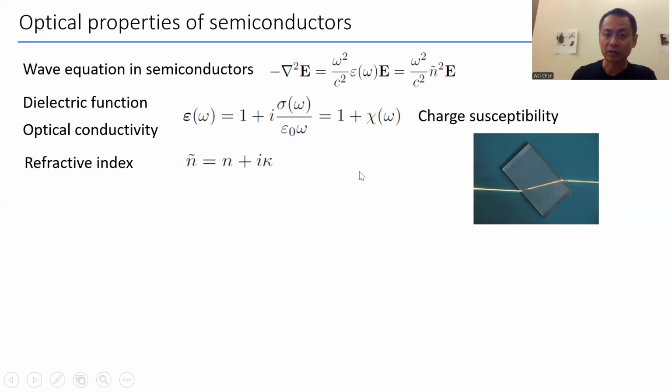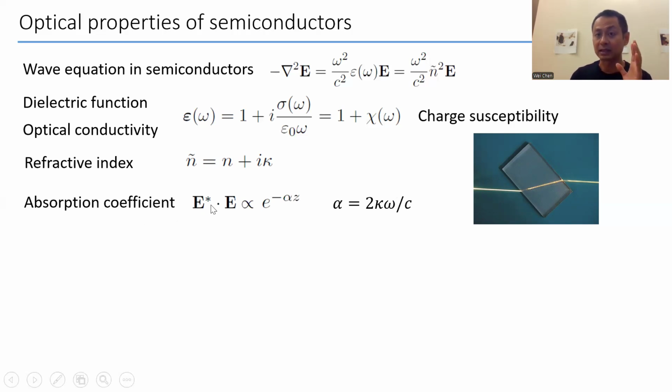The real part gives the bending of the light when it enters a media, while the imaginary part gives the so-called absorption coefficient, which basically says that the intensity of the light will decay exponentially inside a semiconductor with a decay length determined by this absorption coefficient, given by the imaginary part of the refractive index.